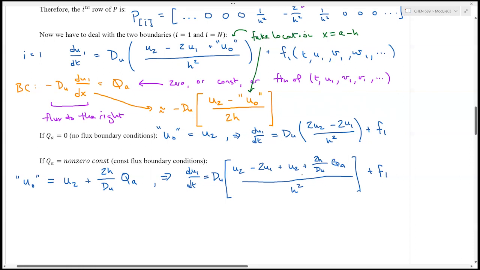Okay, so you notice here, I didn't do this very clearly, but these terms here, these are our u0, right?